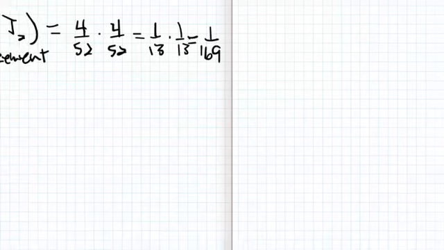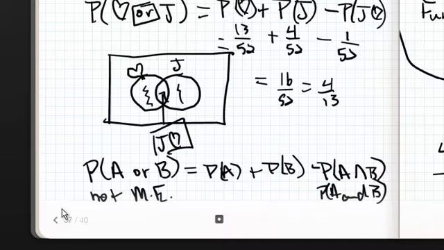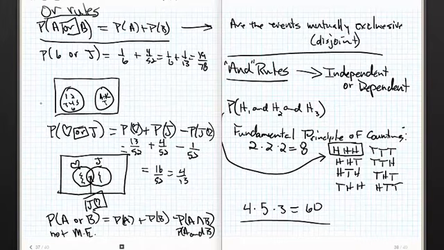Now, I'm going to go back to a problem that we did with the or statement. Now, watch this. I'm going to do exactly the same thing. Let me change colors real quick. Notice here I wrote the probability of getting a heart or a jack. So really what's happening is I'm doing 2 things at once, but I'm really looking for the probability of either one or the other.